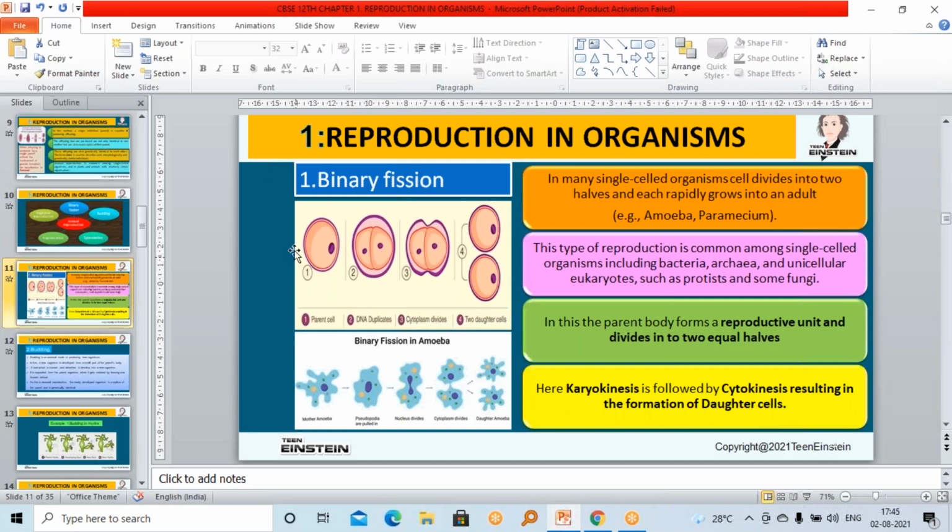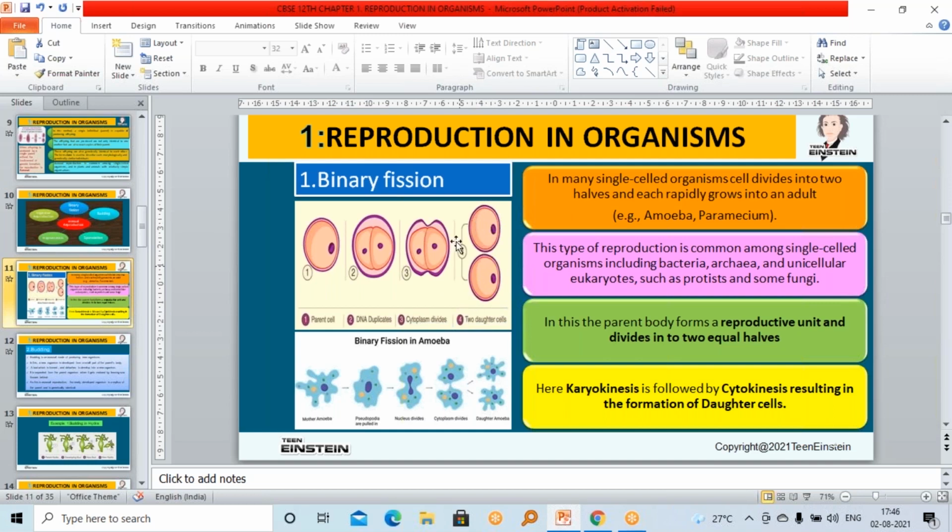So binary fission occurs mainly in single-celled organisms like amoeba and paramecium. This type of reproduction is common among single-celled organisms, including bacteria, archaea, and unicellular eukaryotes. So in binary fission, what is happening? The parent organism is getting divided into two halves.